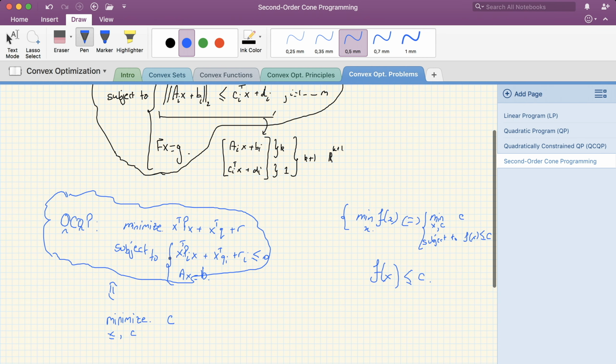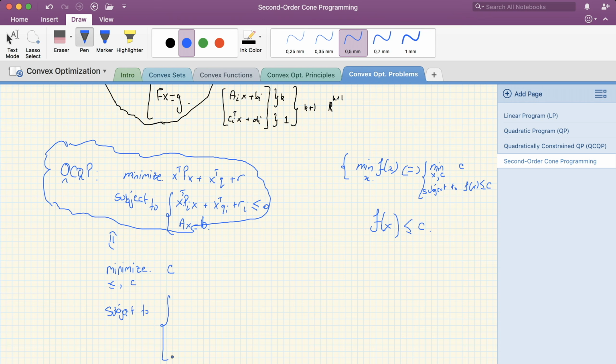We've got linear costs subject to the same constraints, x transpose Pi x plus x transpose qi plus ri less than 0, Ax is b, and your cost is less than c, right? The same thing what we did here or here. So x transpose Px plus x transpose q plus r is less than c, right?